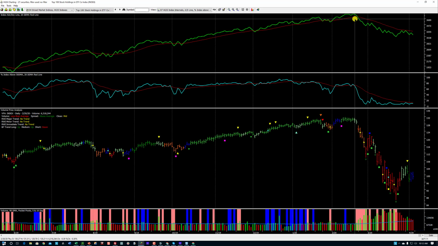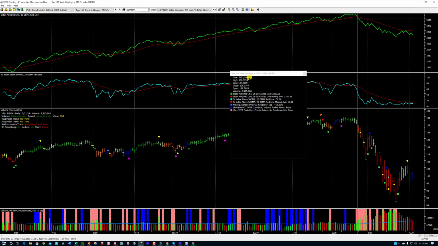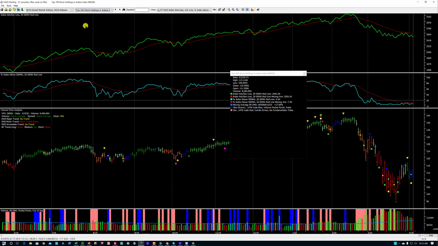These are the large cap stocks that are widely held, and this broke down back on this date, Friday, the 21st of February, and this had already broken down through the moving average. Let's just go down to the next one. These are the top holdings in the indexes. Very similar set of stocks.